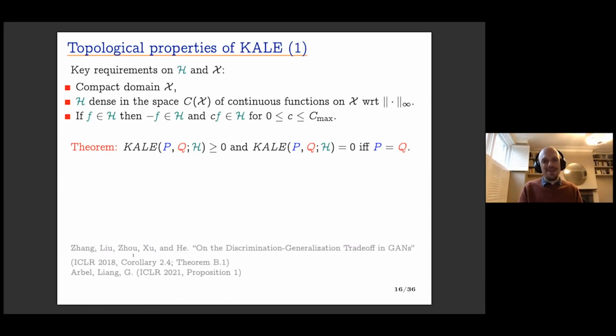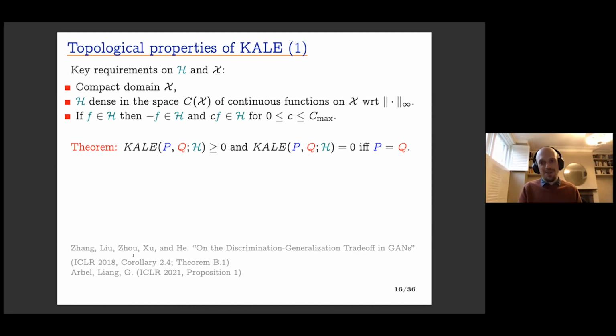So let's look at the topological properties of the KALE. One requirement that we might have is that when P and Q agree, we want our KALE to be 0, right? If we get the answer right, we want our loss to be 0. And this is going to be true as long as the class of functions we use to compute our KALE is rich enough. Remember, we've got this function class that parameterizes our lower bound.